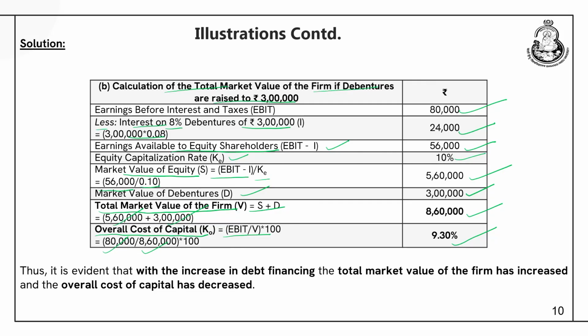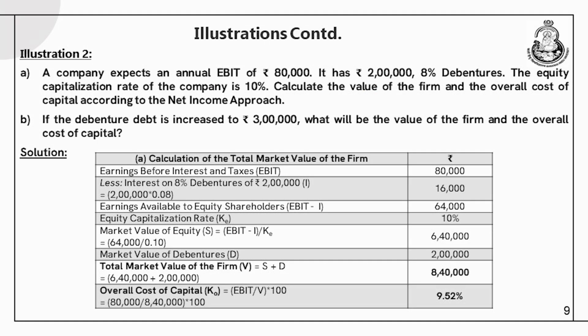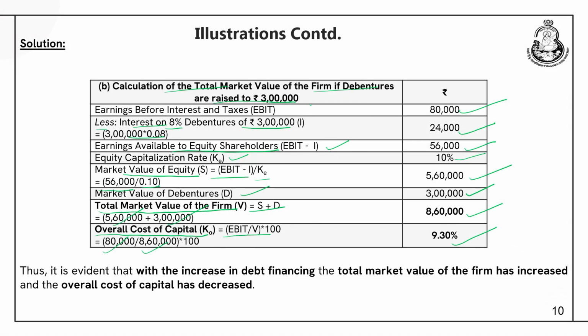Now, see, the conclusion part is important. When you had 2 lakhs of debt, right, what was the total market value? It was 8,40,000 and the overall cost of capital was 9.52%. When you have 3 lakhs of debt, you increase the proportion of debt, you increase the proportion of cheaper source of funding. So, what is happening?